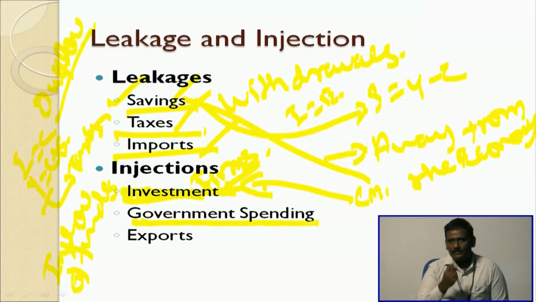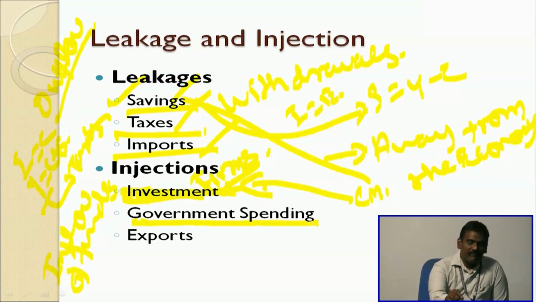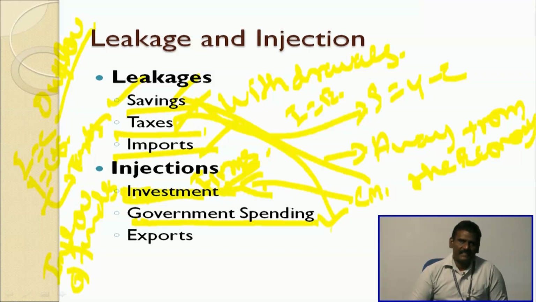What is government spending? Why does government spending become an injection? Because of what is received by the government in the form of taxes. Those taxes are not only kept by the government as they are. Whatever tax is received from the household as well as from the firms is to be utilized for different purposes.